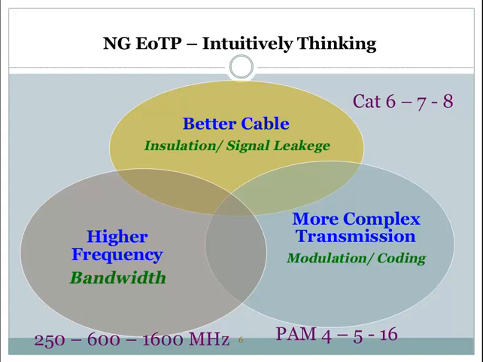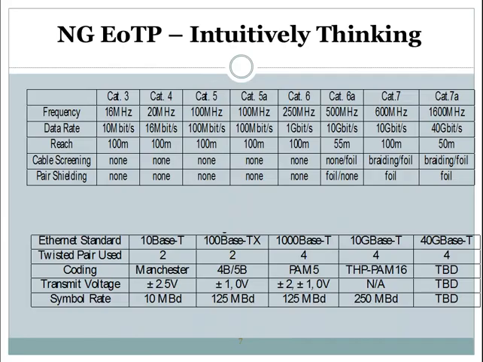And the other one is to use more complex transmission techniques, like higher order modulation or more powerful coding schemes, to transmit more information in each symbol.